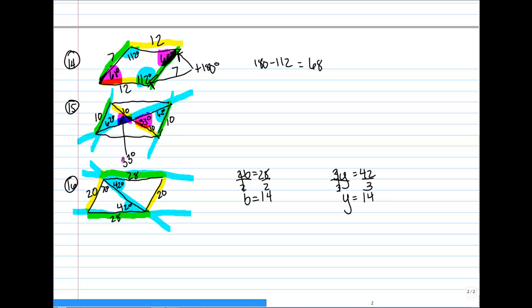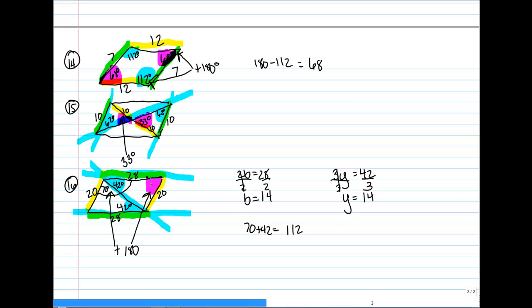Lastly, it's asking what this top right corner is right here. So remember that this whole entire angle here plus this angle here have to add to be 180. So we have to figure out what this entire angle is. So 70 plus 42 is equal to 112.